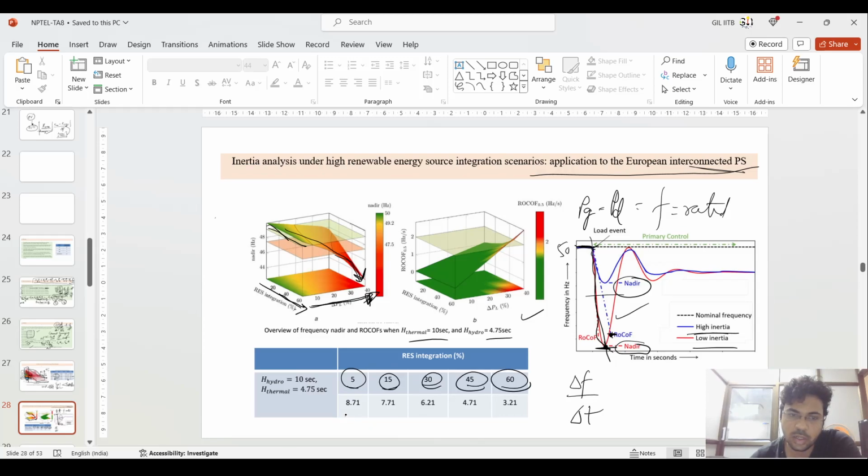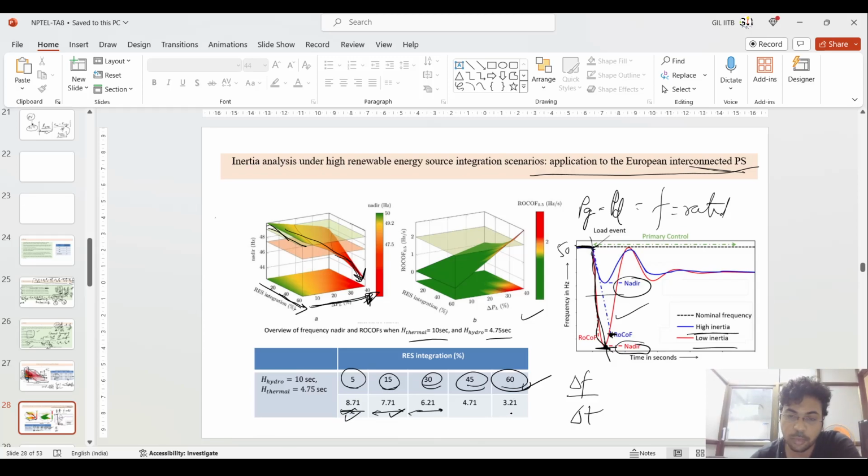So what is happening is that if you see 5%, 15%, 30%, 45%, 60% RE penetration, the inertial response is very, very low. That is 8.71 seconds when the lower penetration is there; you can provide a support of 8.71. Then at 15%, you can provide up to 7.71 seconds.